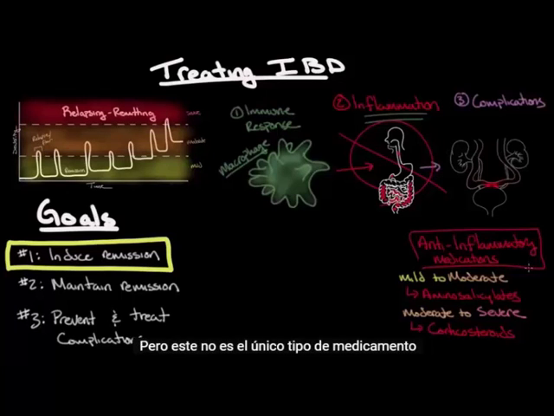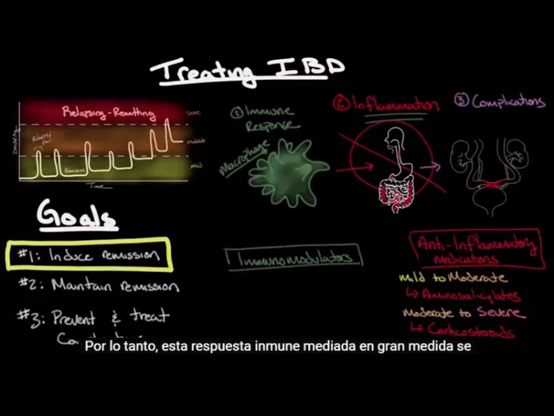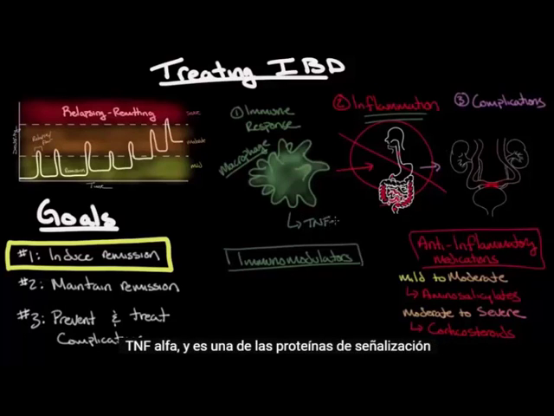But this isn't the only type of medication that can be used to treat an acute flare. The other group of medications are known as immunomodulators. So this immune response is largely mediated by these signaling proteins that are released by inflammatory cells such as the macrophages. And one of these signaling proteins is a protein known as tumor necrosis factor alpha, which is abbreviated TNF alpha.